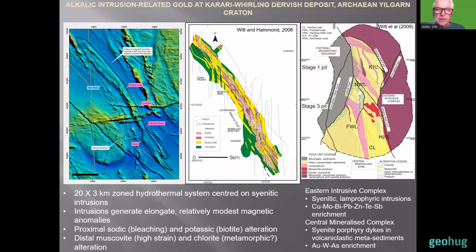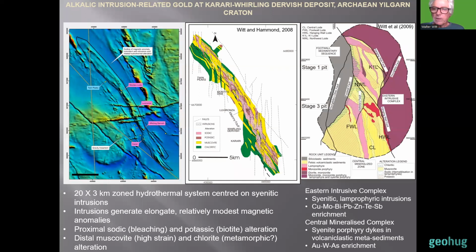We see here the Karasue Dam camp where Karari-Whirling Dervish gold deposit is located. On the left is an aeromagnetic image with the Karasue Dam basin outlined in black. The Karasue Dam basin is a succession of feldspathic volcaniclastic rocks which host 4 or 5 gold deposits with similarities to Karari and Whirling Dervish.